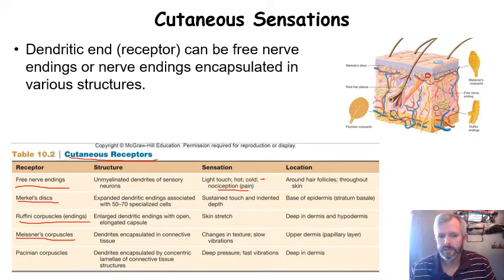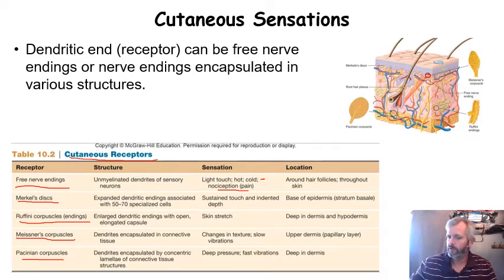They respond to slow vibrations and changes in texture. They're close to the skin, so they can detect changes in texture. Where we wouldn't want to elicit our Pacinian corpuscles, because they are deep here. They couldn't listen. We'd have to have a large change in texture to elicit a response in a Pacinian corpuscle.